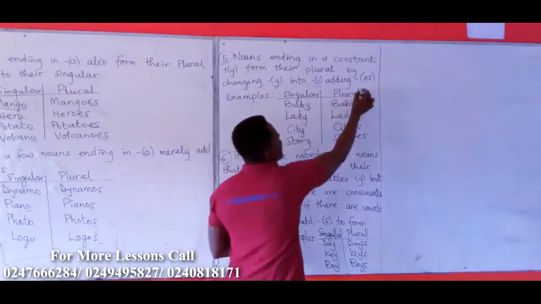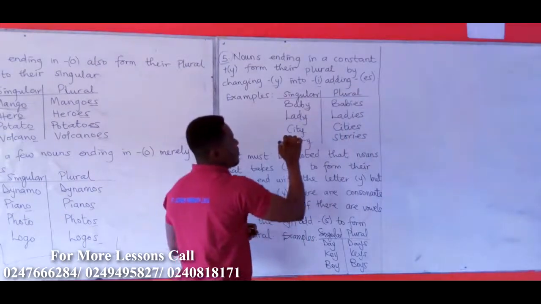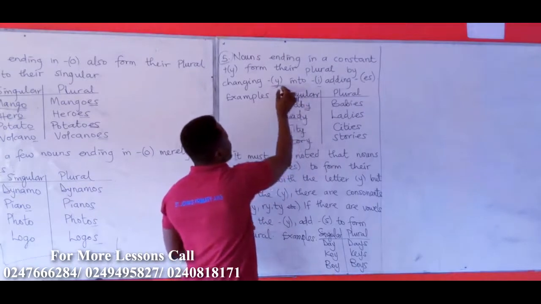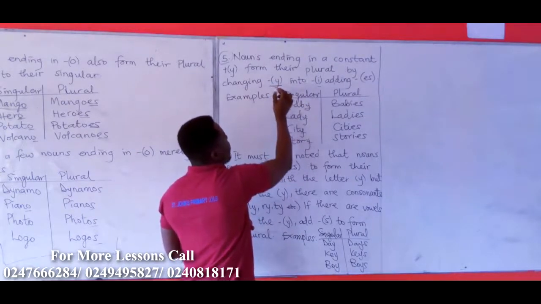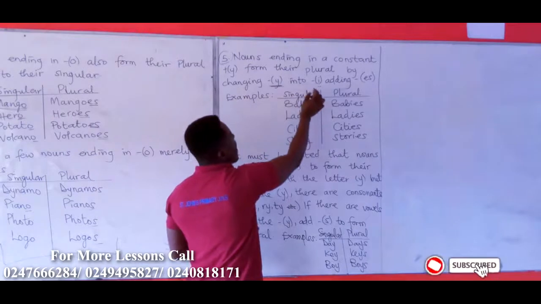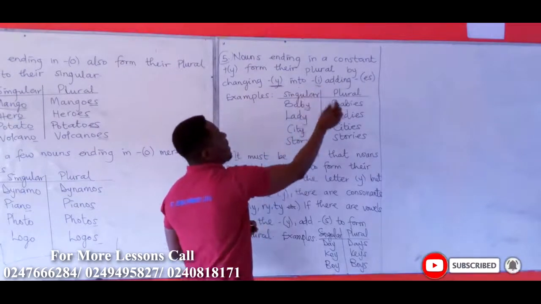Then you add es to it. You change the y, the consonant y, or the letter y, into i, and then you add the es.